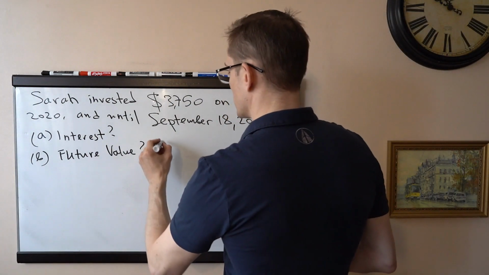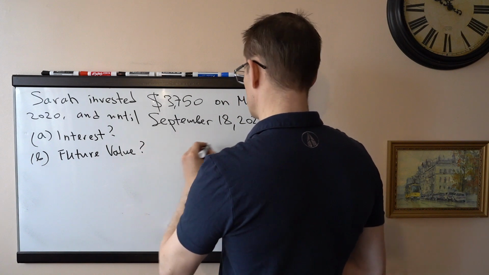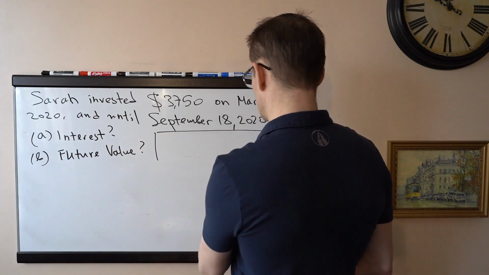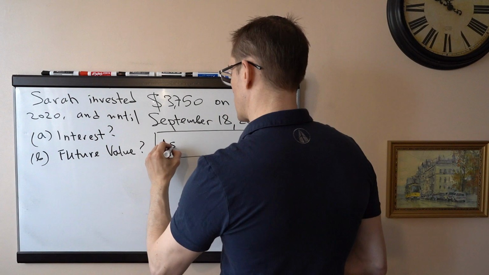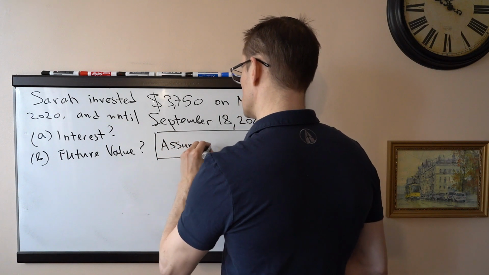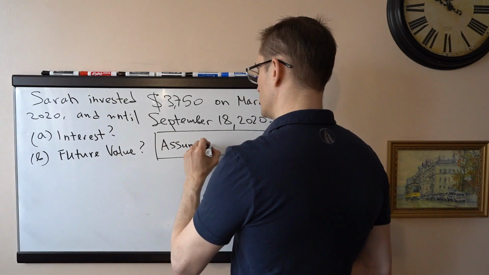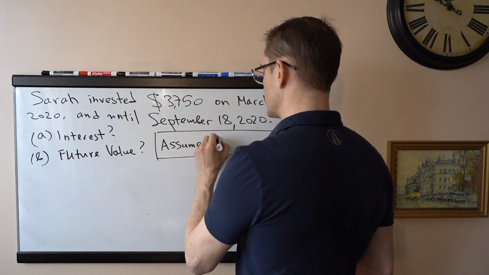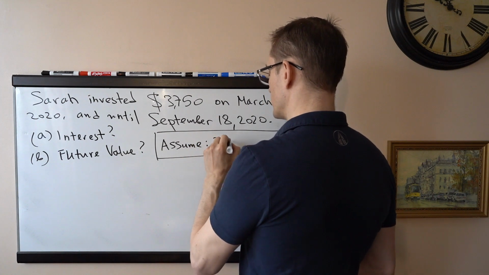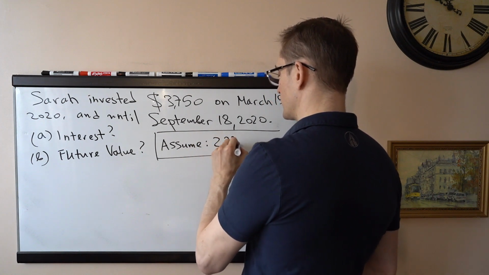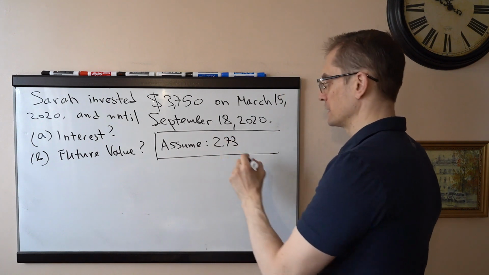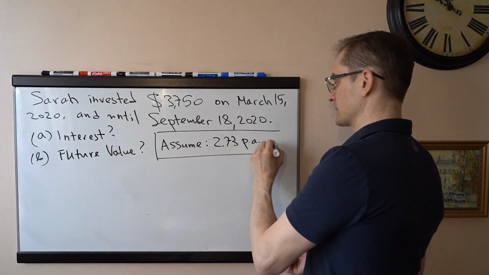Well, in this problem we'll assume that the rate is 2.73% PA. We'll take some more complicated rate, like this.